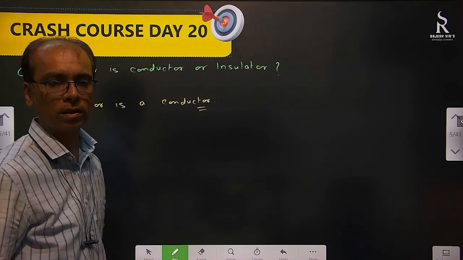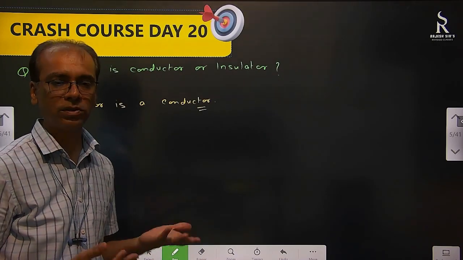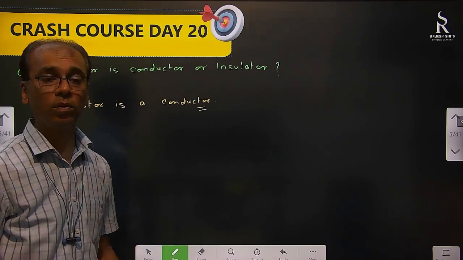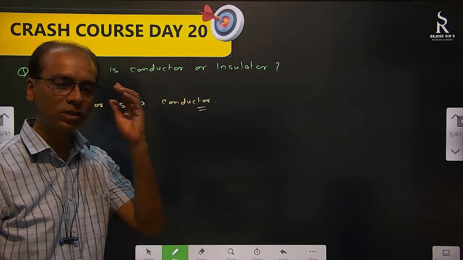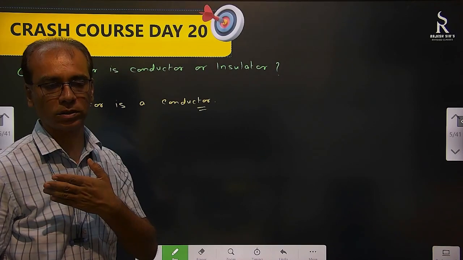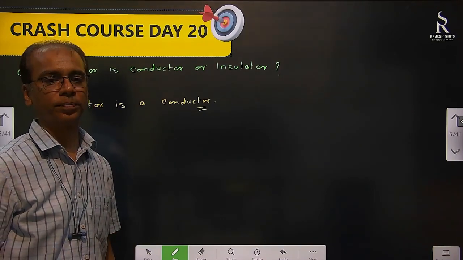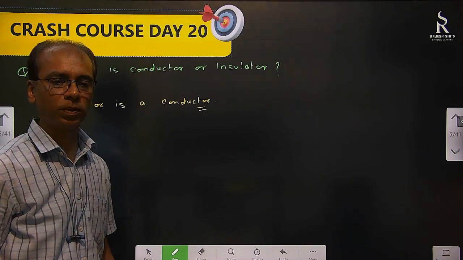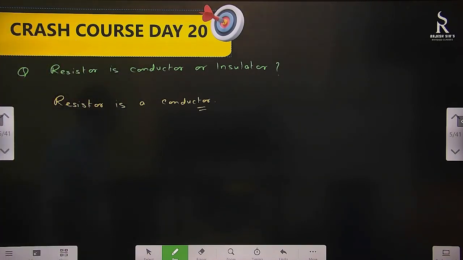Yes. So that means a conductor has resistance. It offers resistance to the flow of current. Why? Because there are too many electrons, and when electrons are moving, they are colliding. It's not a free motion of electrons. Because they are colliding, they are opposing. There is opposition, and that's what we call resistance. So definitely a resistor is a conductor.